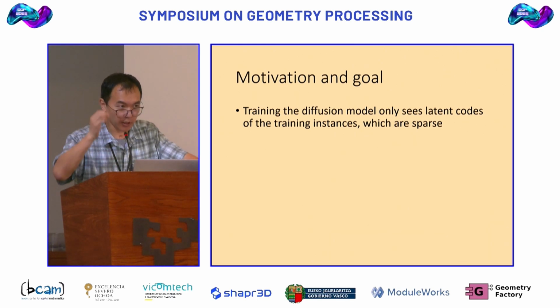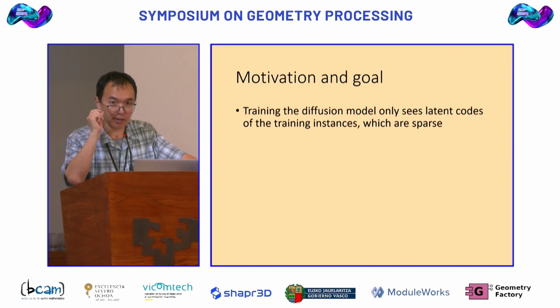Now, if you have a pre-trained decoder, so this is the most important idea of the third part. I hope all of you can understand, and this is very easy to understand. If you have a decoder, pre-trained, that is fixed, for any latent code you can get a corresponding 3D shape. Then you can evaluate whether this shape is good or not.